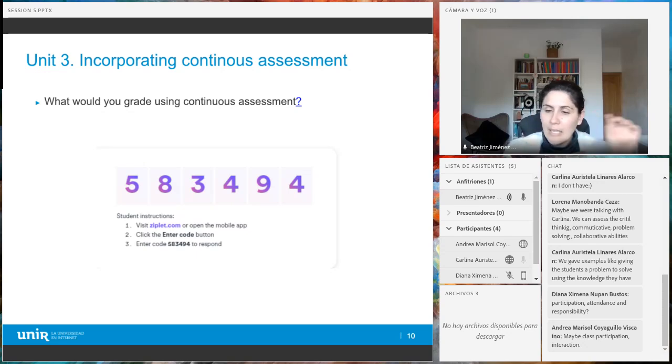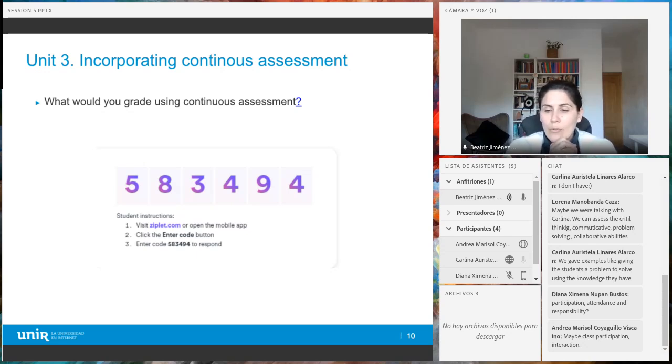So in the rubric, they can read and check the things that they are required to do in order to get a good mark, right? So doing that every day, I keep record on the students' performance in every session. Okay, so that's, for example, one way of doing that.